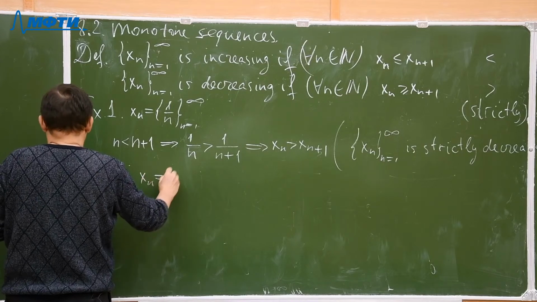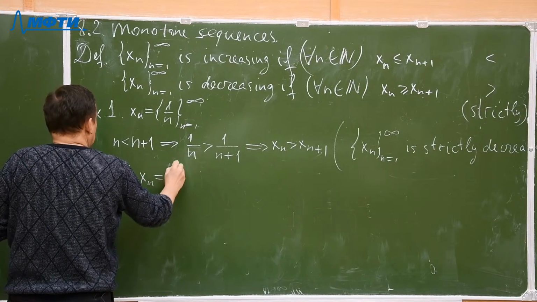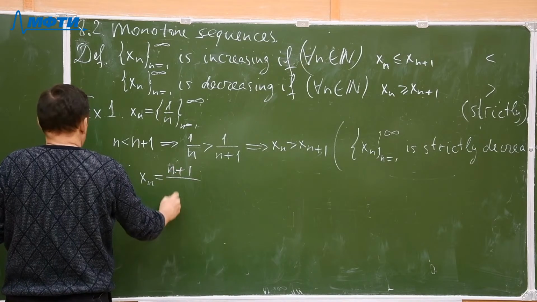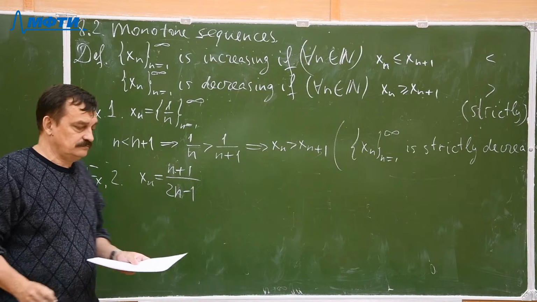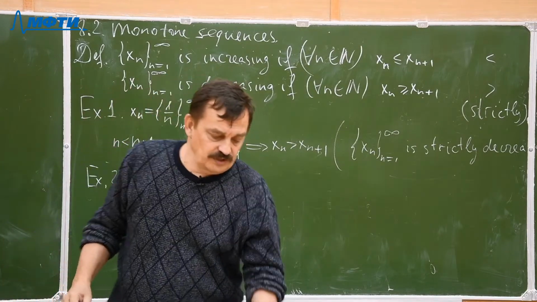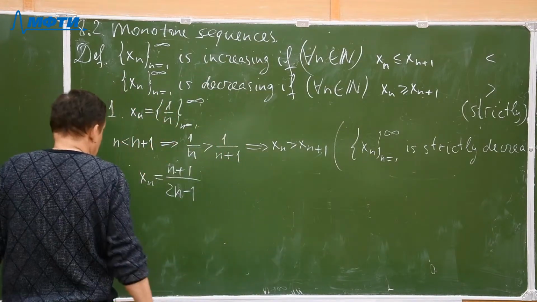xn equals n plus 1 over 2n minus 1. We need to prove this is a decreasing sequence.